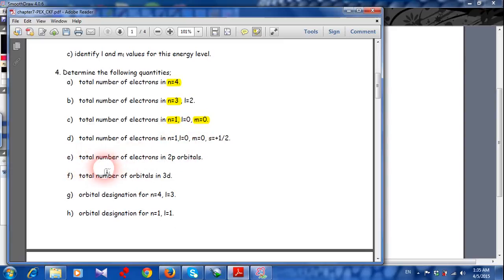Question E: the total number of electrons in 2p orbitals. So we talk about 2p orbitals.